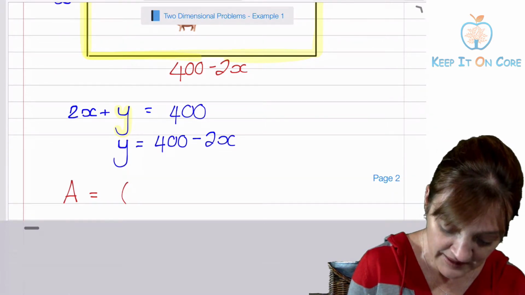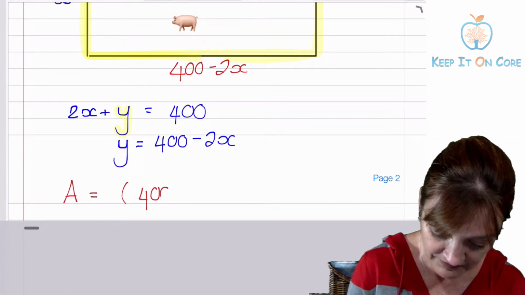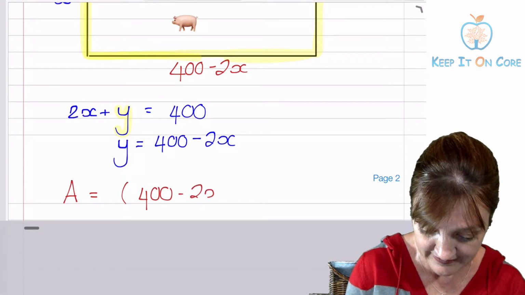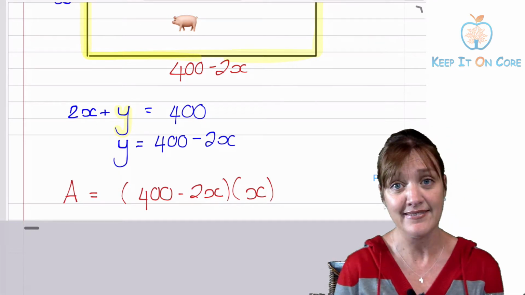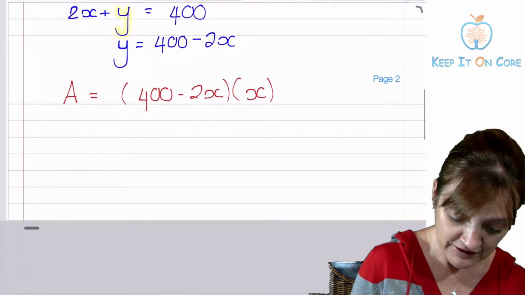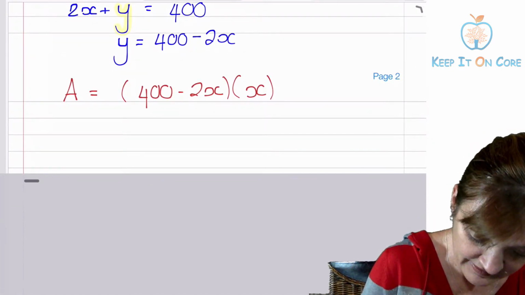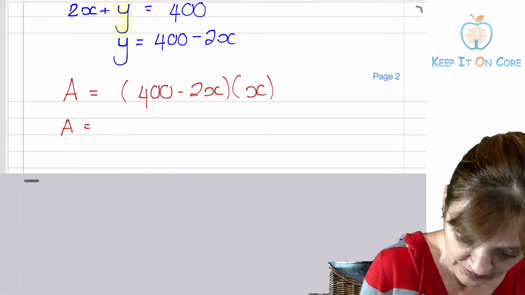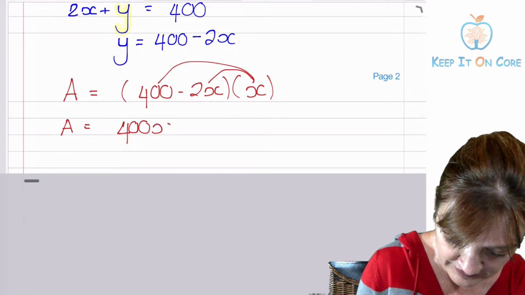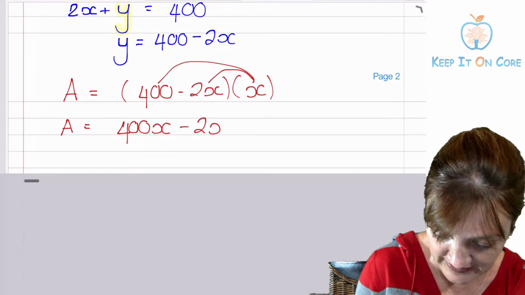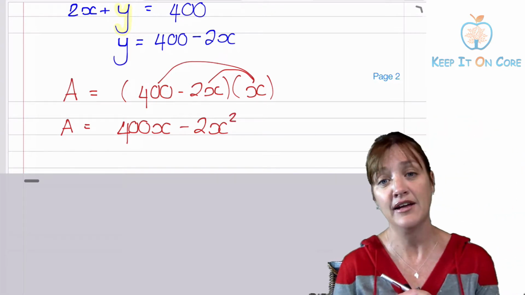Our length being this 400 take away 2x, and the breadth being just x. So if I simplify this, if I distribute my x, 400x minus 2x squared, that's the formula for the area.